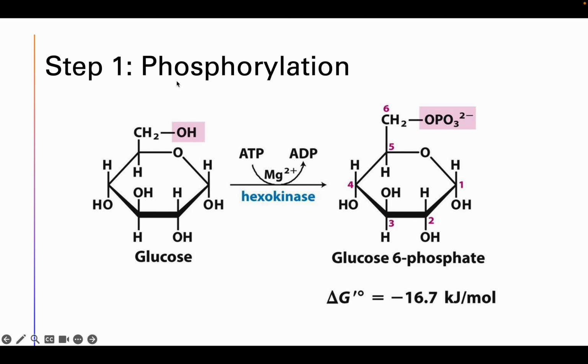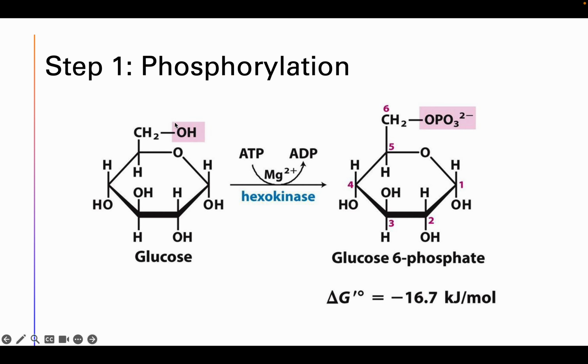First we are going to talk about the preparatory phase, which consists of 5 reactions, and the first one is phosphorylation. Here you can see the 6 carbon glucose molecule. By the action of the enzyme hexokinase, which is a kinase that phosphorylates and requires ATP, it gets converted to glucose 6 phosphate.